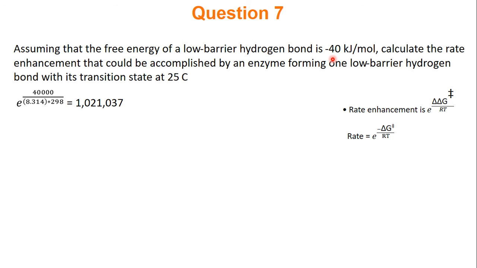So if this hydrogen bond is minus 40, that means delta G double dagger would be 40. We have lowered the energy by 40. So I want to calculate the speed. So e to the 40,000 divided by RT equals the speed up of 1 million.